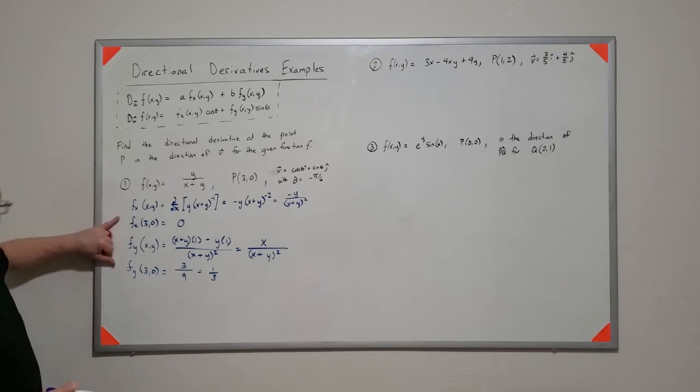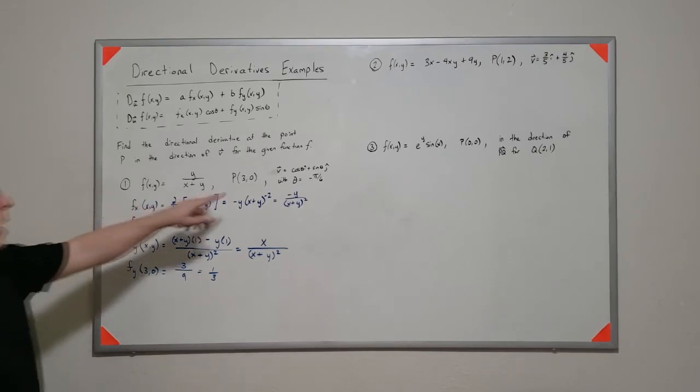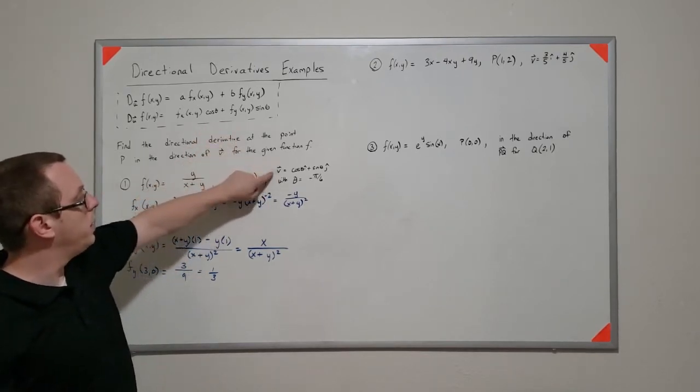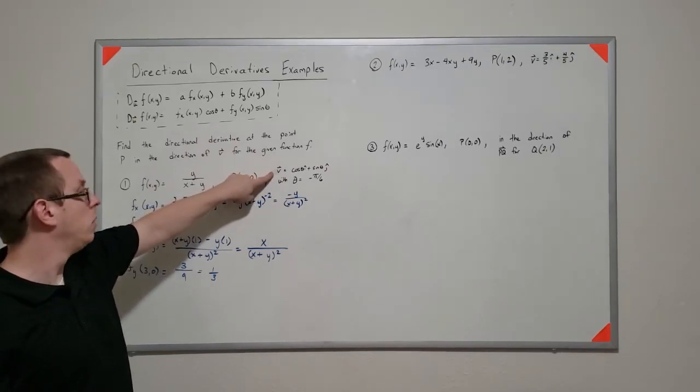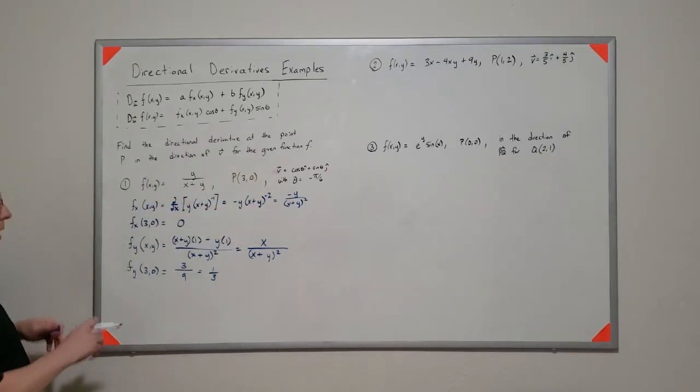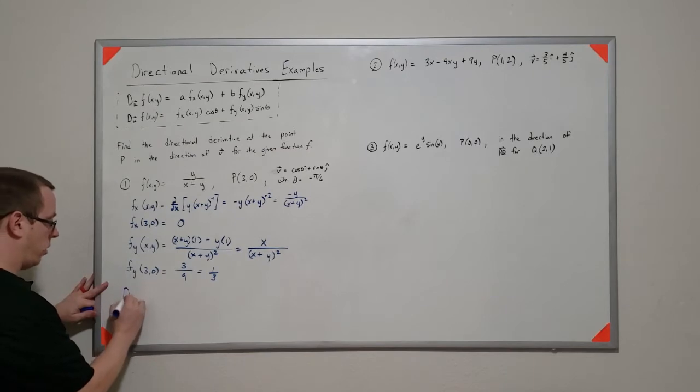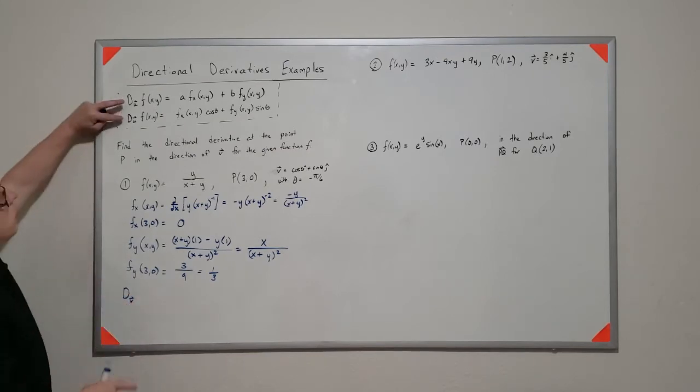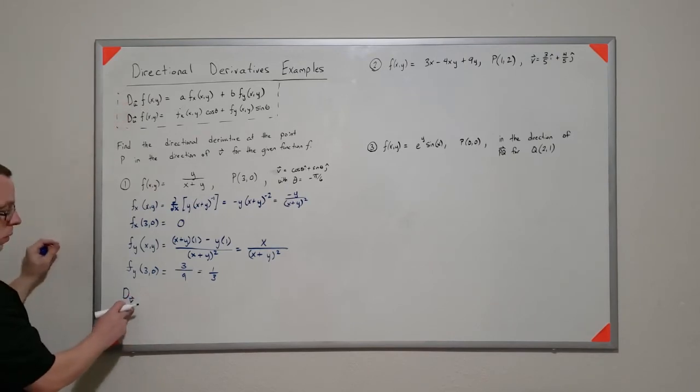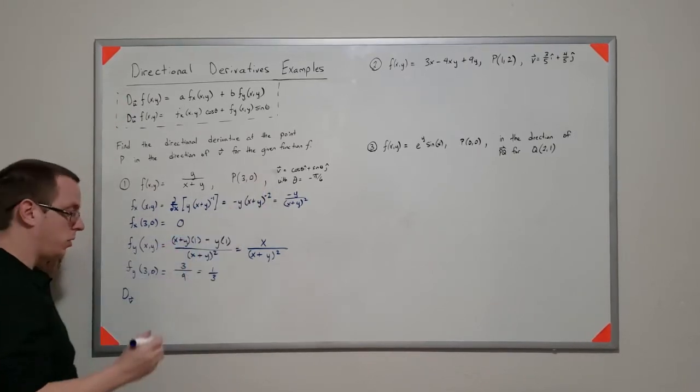Now I have these two partials, and I need to multiply them by this. This is already a unit vector. In this particular case, we have the directional derivative in the direction of v, not u. Notice our original thing writes u, but we want to write it to make sure we match the term here.